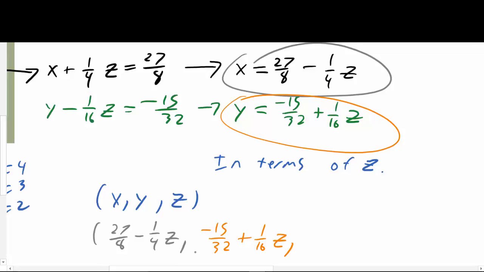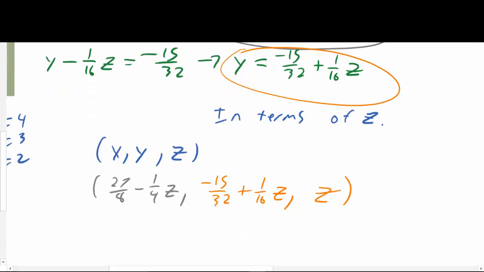And then finally, for the third part of the ordered triplet, I've already got my x taken care of. I already have my y taken care of. z is just z, so I leave z alone because z equals z. There's no equation here to change it. So now you can see our answer is written in terms of z, because all of our variables have been replaced by something with a z in it.